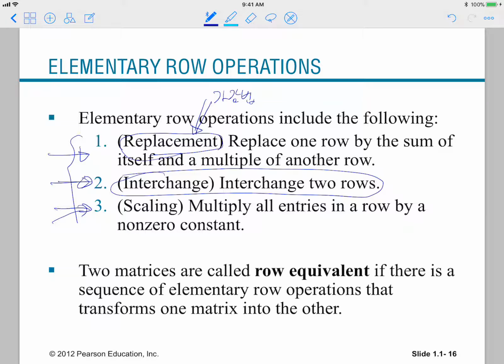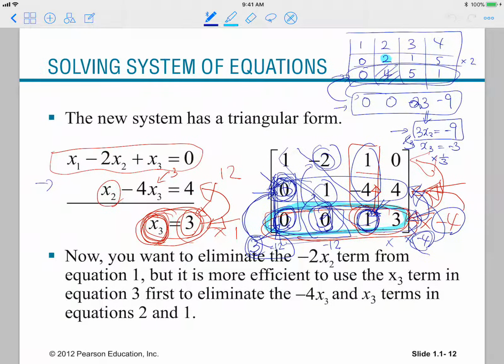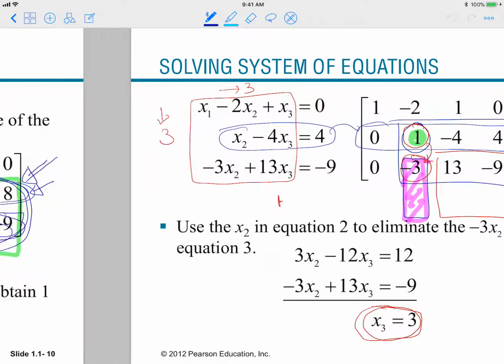These are the three possible types of operations that we use in order to solve this linear system. We basically want to change the given augmented matrix.